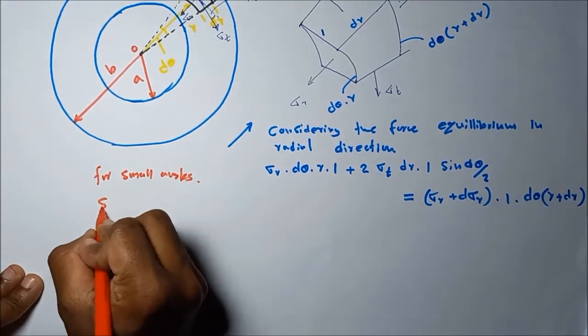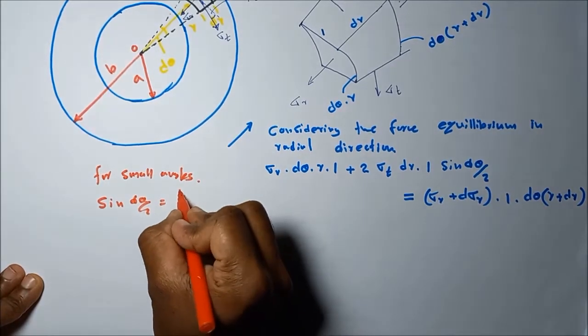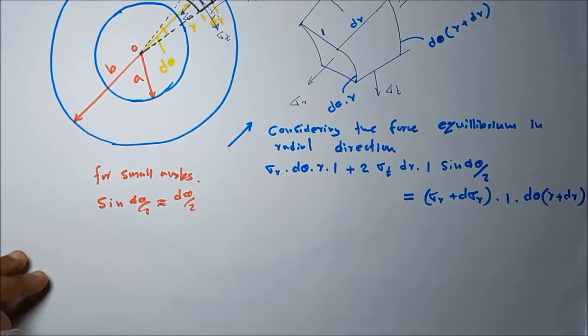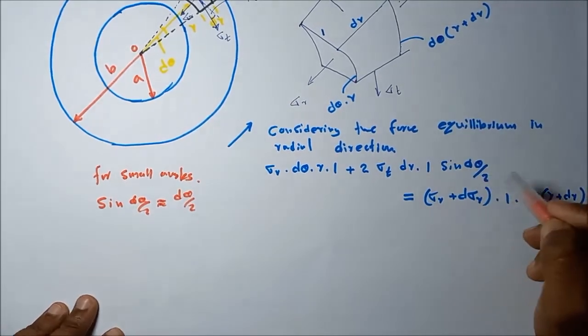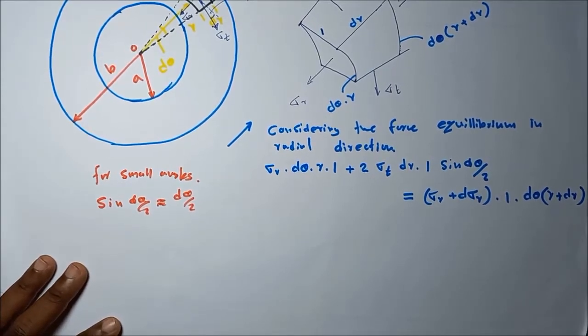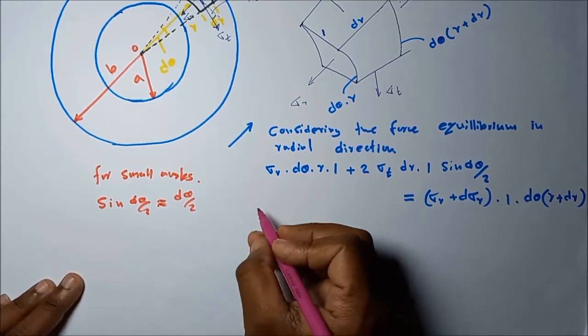That means sine d theta divided by 2 we can write as d theta divided by 2 approximately. This is in radian. So instead of this term, I'm going to put d theta divided by 2. You all know that one. Let me write that one.